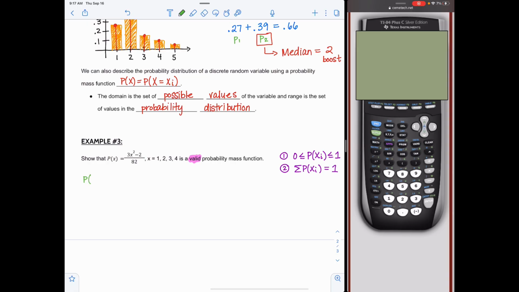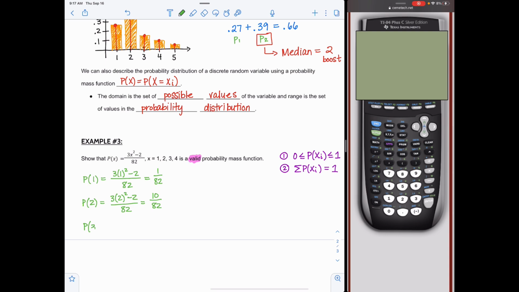So the probability when X is 1, all we do is substitute in 1 for X. So that's going to be 3 times 1 squared minus 2 divided by 82. We end up getting 1 over 82. If we find P of 2, we do the same thing, except we replace X with 2, and we end up getting 10 over 82.